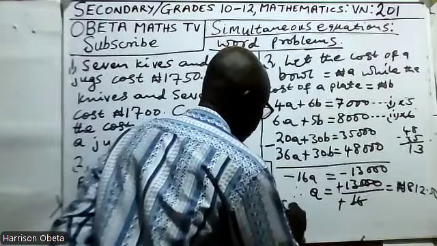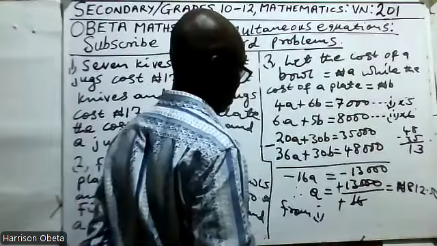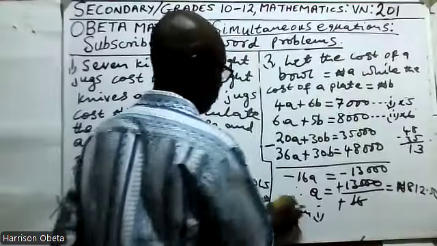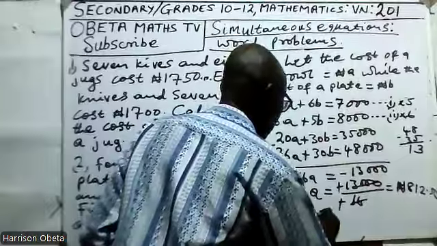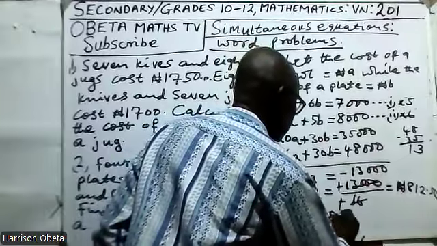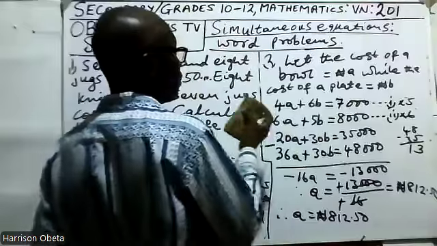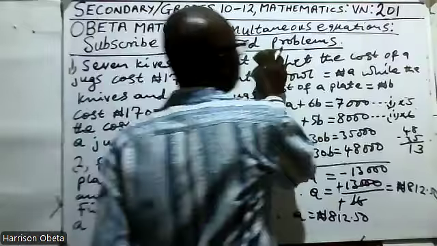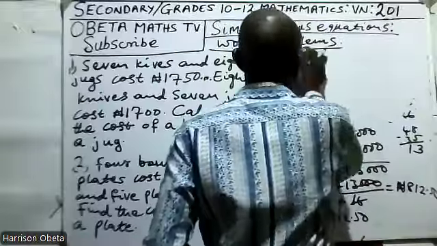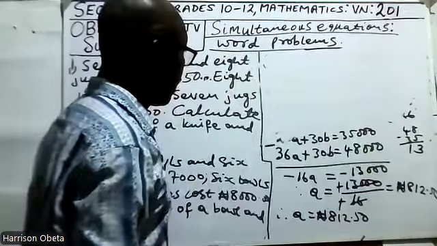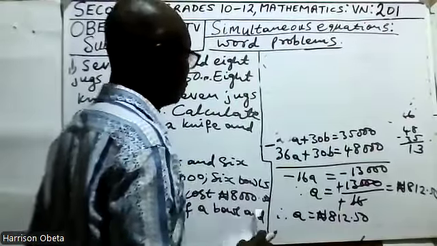Now you go back and substitute to get the value of the other one. Therefore, a is equal to 812 naira 50 kobo. You can substitute in either equation 1 or 2.